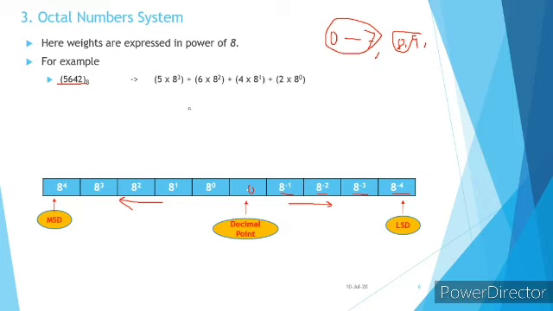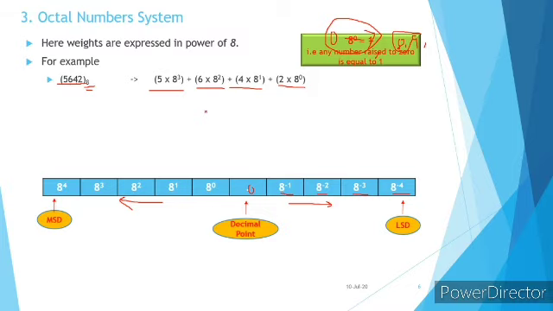Okay, so if this is a number 5642, now this is in the octal form, right? So this is 2 into 8 raised to 0 plus 4 into 8 raised to 1 plus 6 into 8 raised to 2 plus 5 into 8 raised to 3.